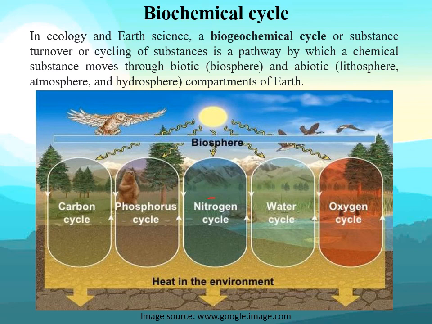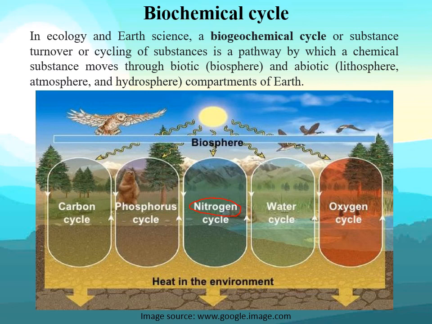So the simple chemical element nitrogen can move from the abiotic soils or rocks to the biotic plant or animal bodies in different forms. This type of chemical element is also cyclically changed from one form to another.